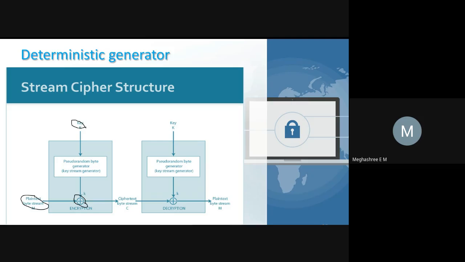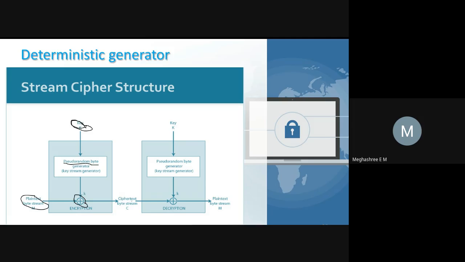With a symmetric key, the key remains the same at the encryption process as well as at the decryption process. Now, the key that I am considering here is generated with the help of a deterministic generator. That's why it says pseudo-random byte generator. For this encryption process, I'm applying a key which is pseudo-random in nature. After performing encryption, obviously you end up with cipher text.